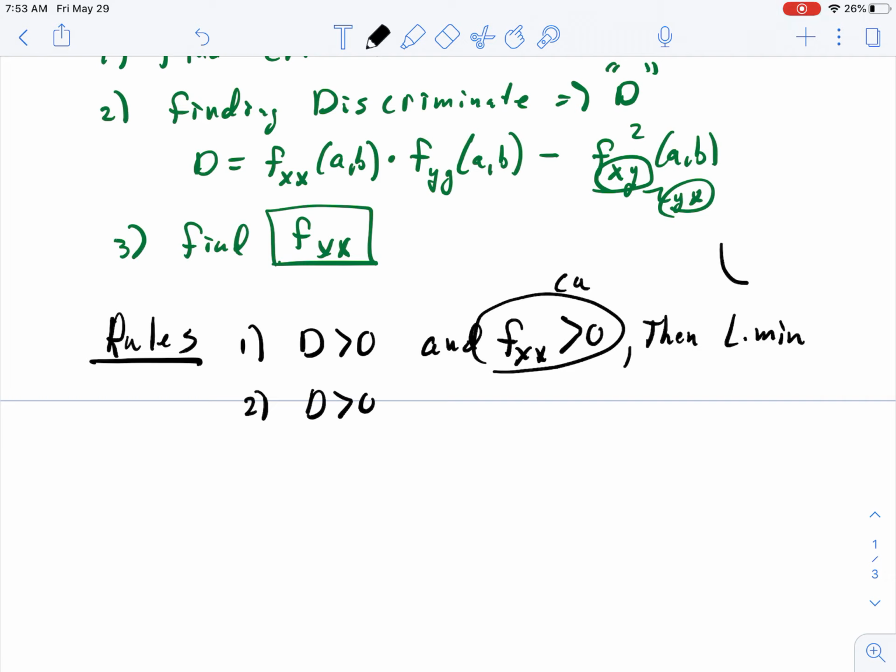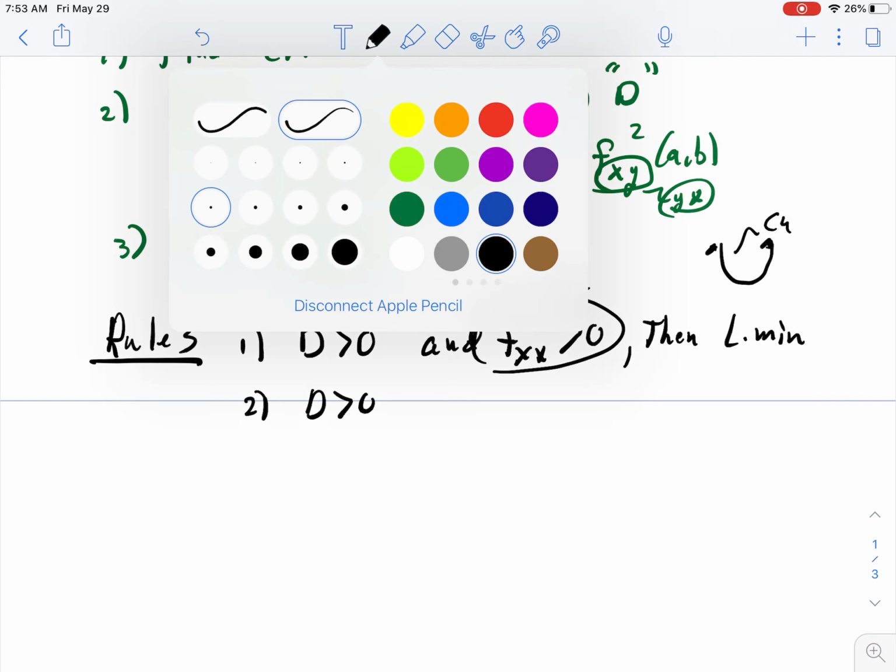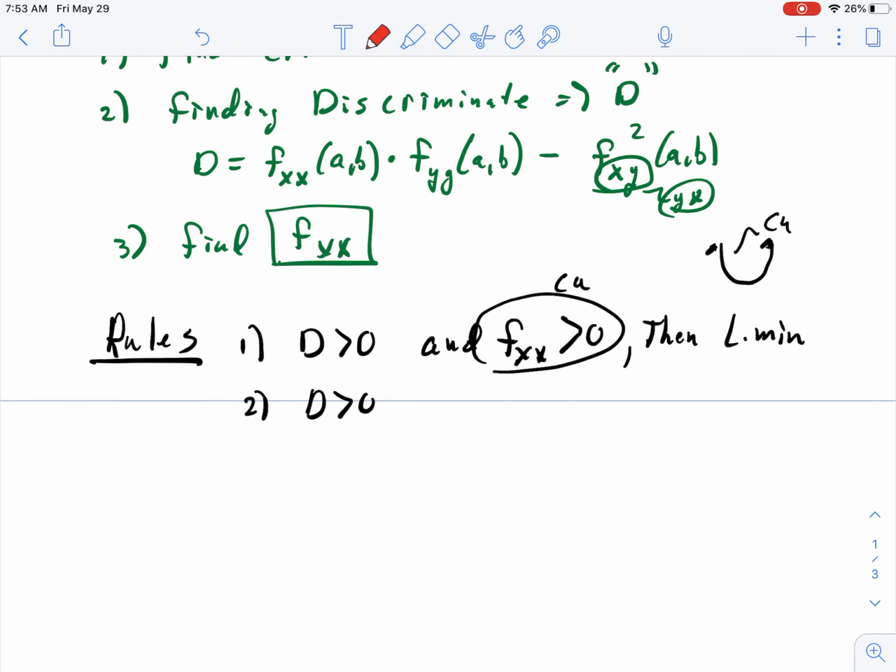I think of it as concave up, and we're talking planes here.